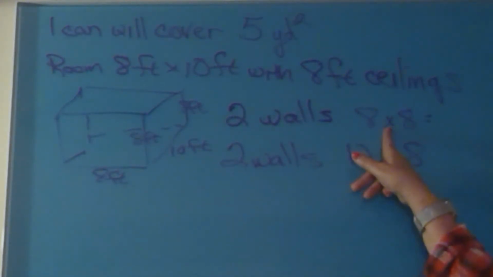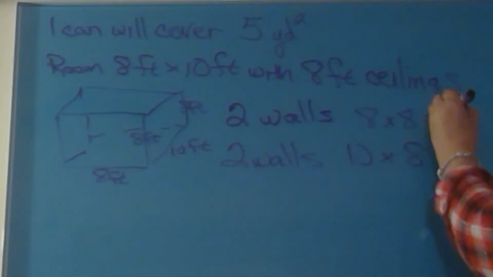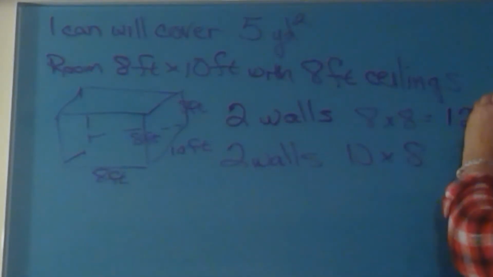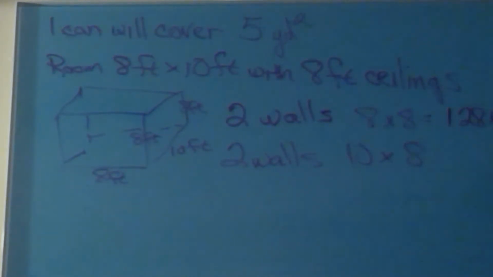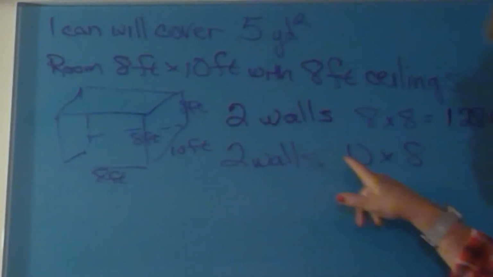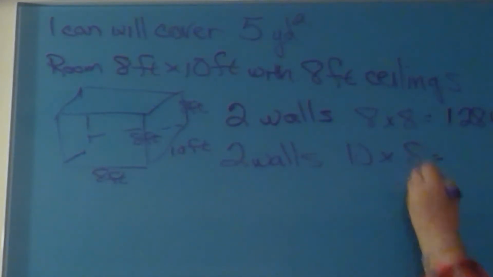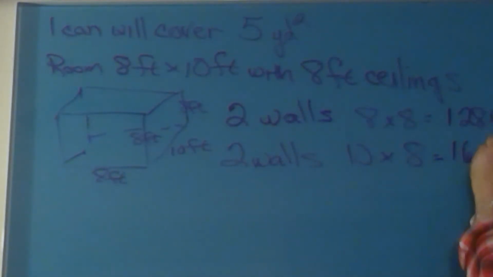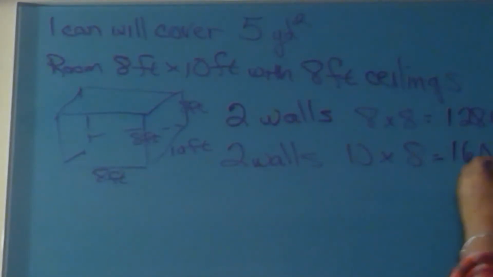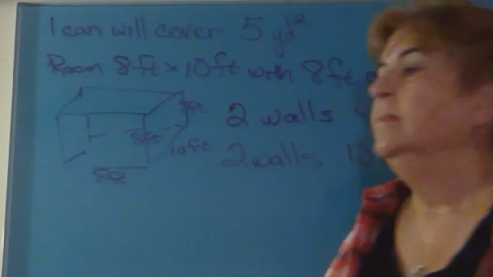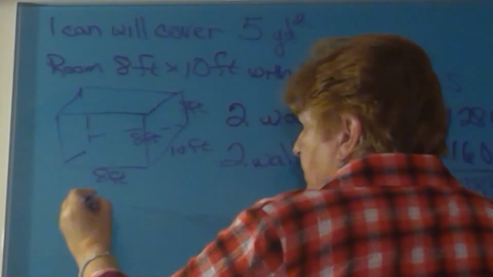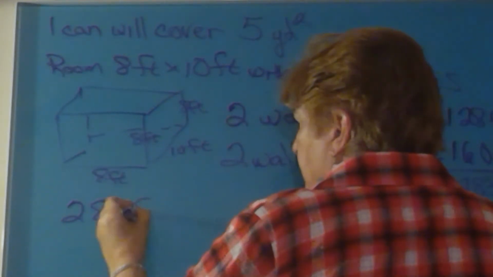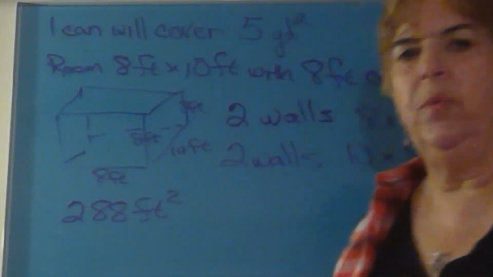Eight times 8 is 64, but we've got 2 of them, so that's 128 square feet. 2 of the walls are 10 by 8. 10 by 8 is 80 times 2 walls is 160 square feet. So you've got 288 square feet.